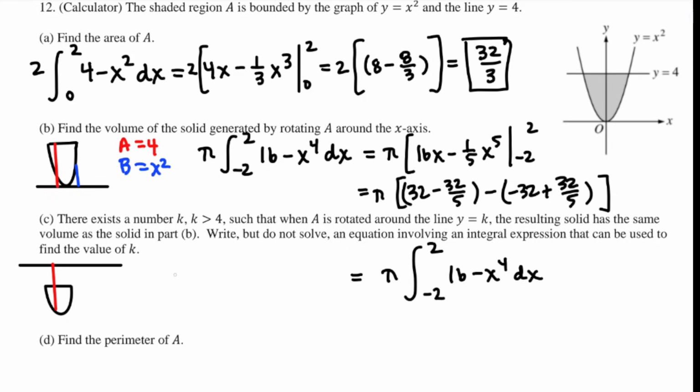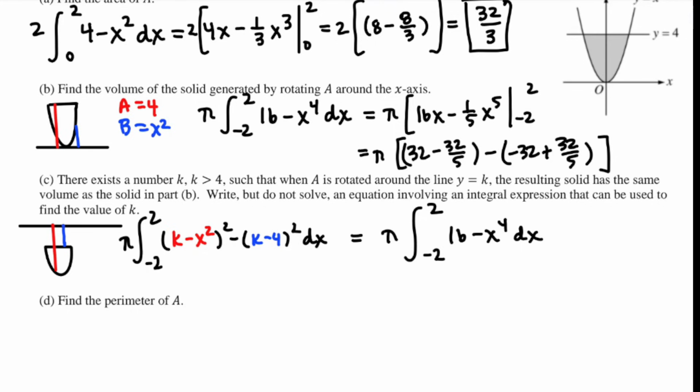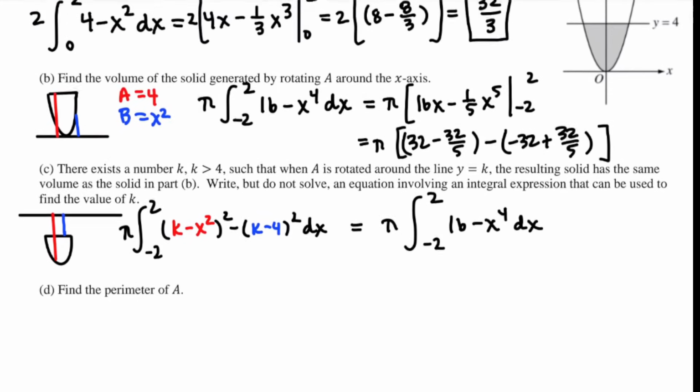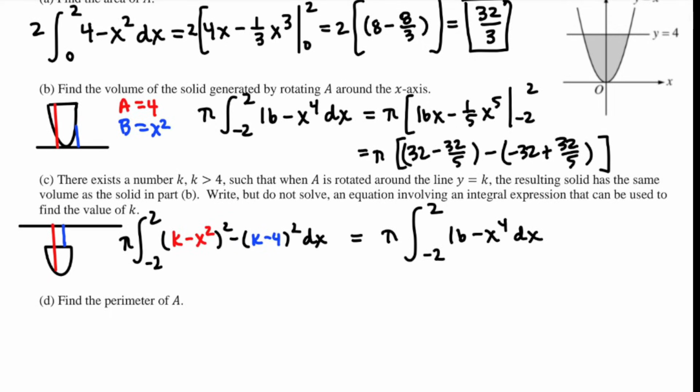So k minus x squared, that's my large radius, minus small radius would be k minus 4. dx, integrating from negative 2 to 2 and multiply by pi because we're finding volume with rotation. There you go. That's an equation that could be solved. We wouldn't want to solve it at all. That would be really unpleasant, but that's an equation.